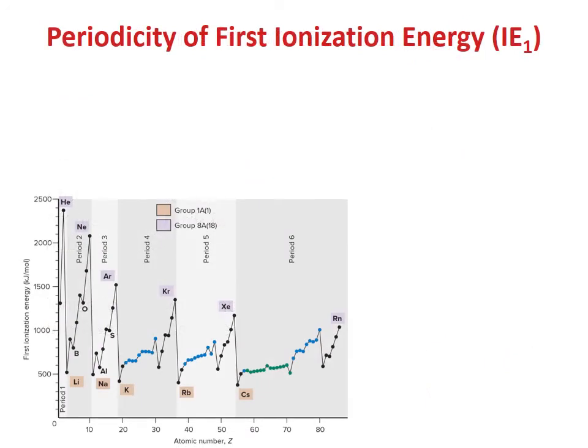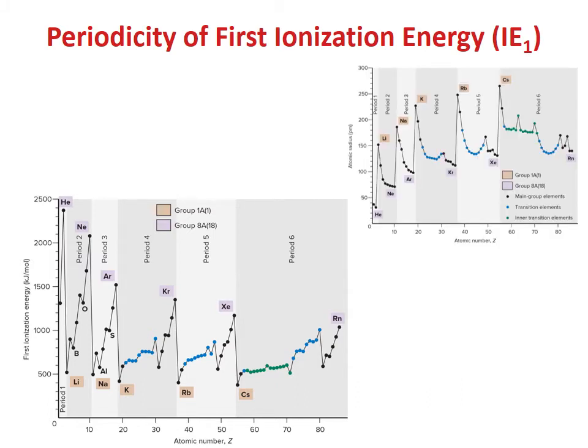This diagram shows the periodicity of the first ionization energy. Let's compare with atomic size. As we already explained, down a group, atomic size increases. Let's look at the first group: lithium, sodium, potassium, rubidium, cesium. Atomic size increases down a group. Now let's look at the ionization energy: lithium, sodium, potassium, rubidium, cesium.